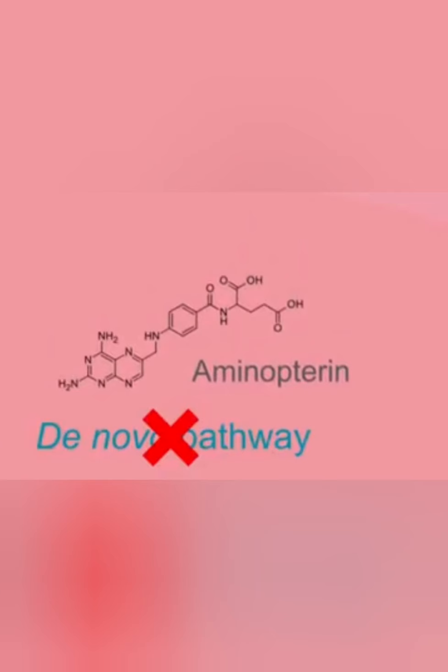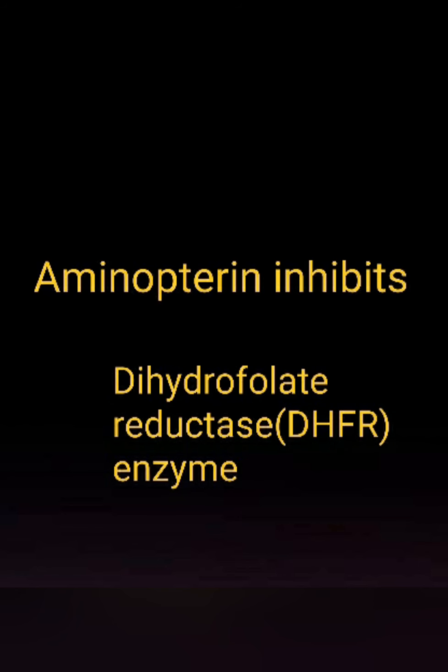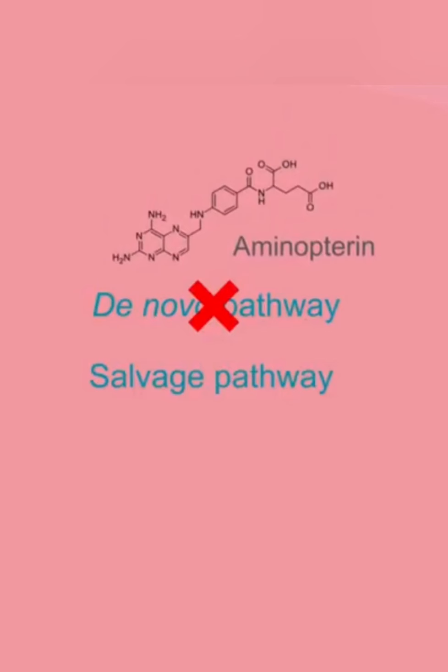This aminopterin blocks one key enzyme that is required to operate de novo pathway. The enzyme that is blocked by aminopterin is dihydrofolate reductase. When this enzyme is blocked, cells are not able to operate de novo pathway. Therefore, the cells have one option to work out, that is salvage pathway.